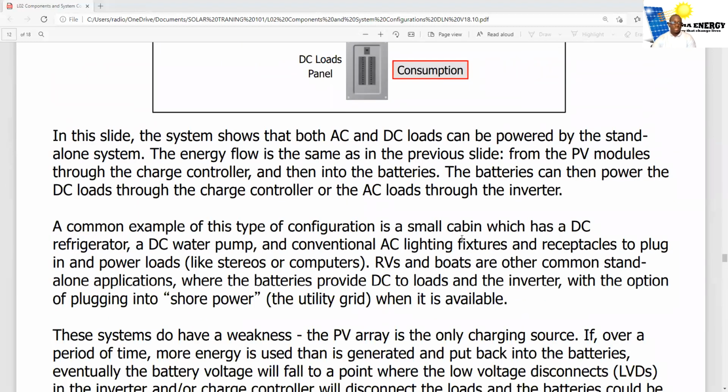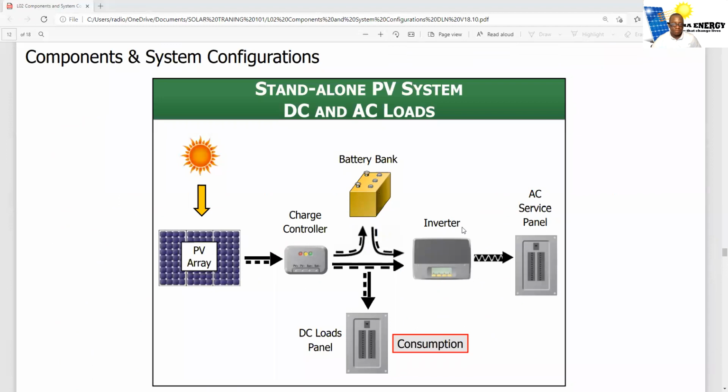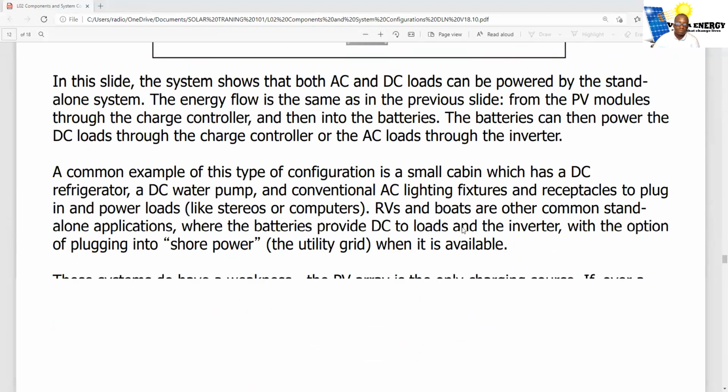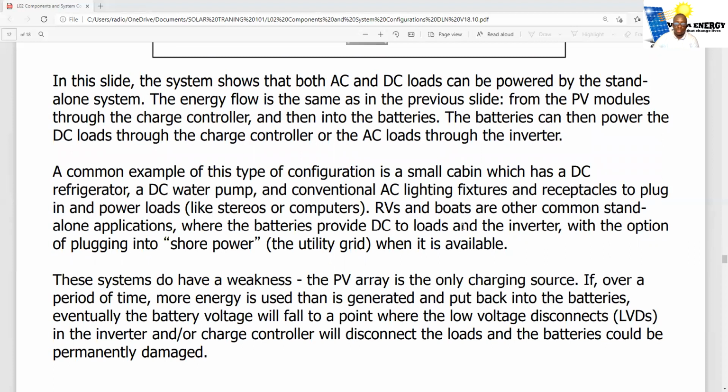So we have this one. In this slide, let me show you the slide. Standalone PV system, DC and AC load. In this slide, the system shows that both AC and DC loads can be powered by a standalone system. Energy flow is the same as in the previous one, from the PV module through the charge controller and then into the battery.